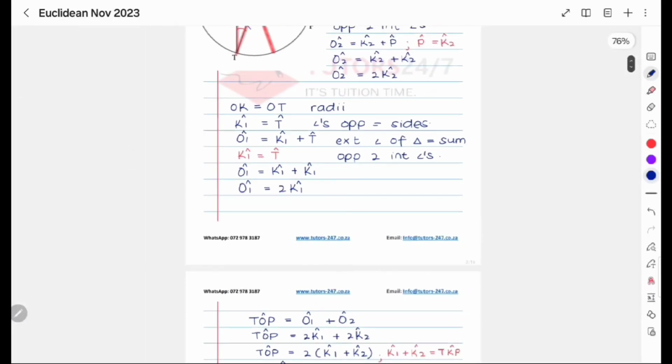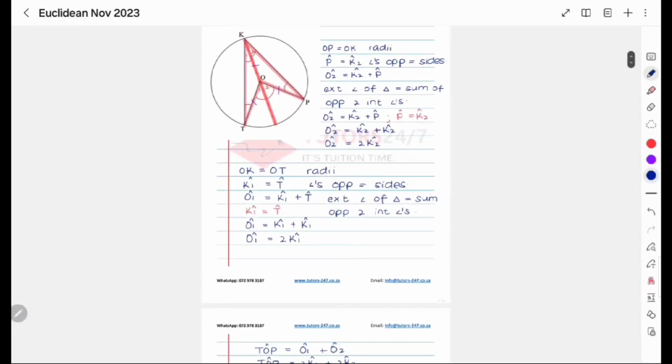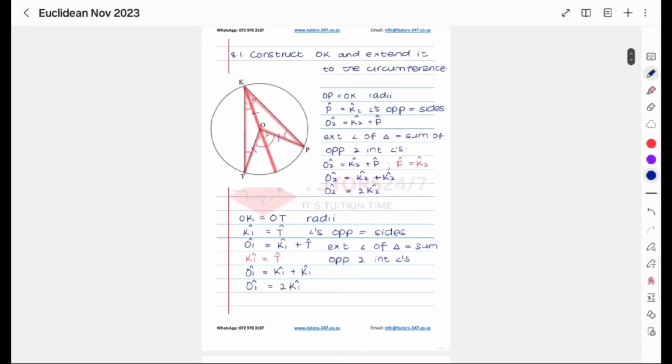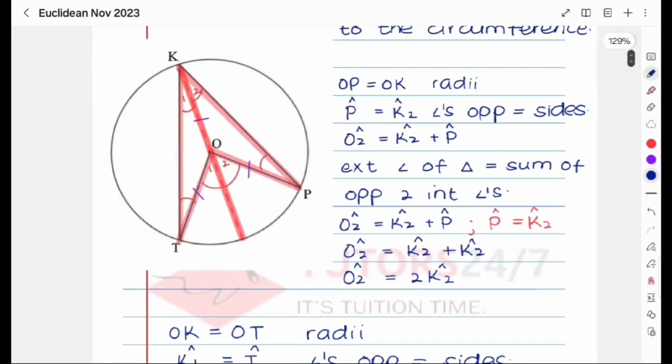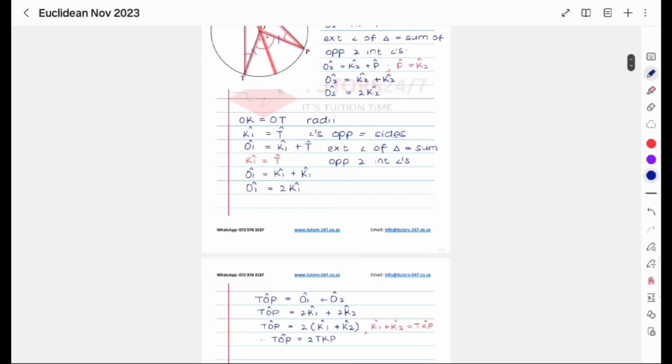We have now proven the theorem that states the angle at the center is equal to twice the angle at the circumference if they are both subtended by the same chord. So the angle TOP is equal to 2 times the angle TKP, and that is it.